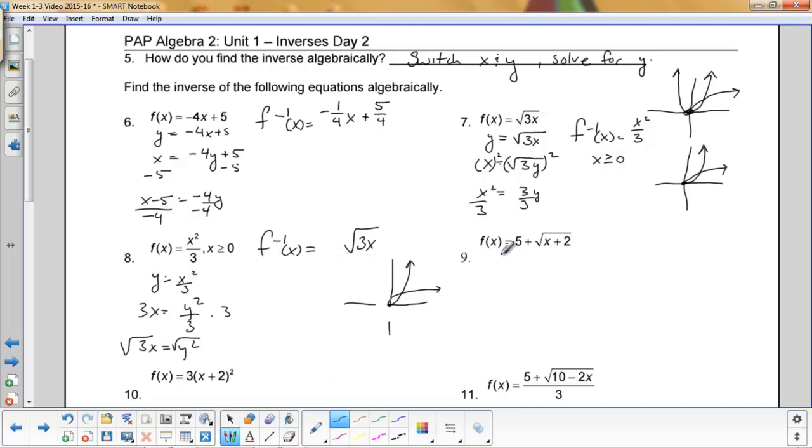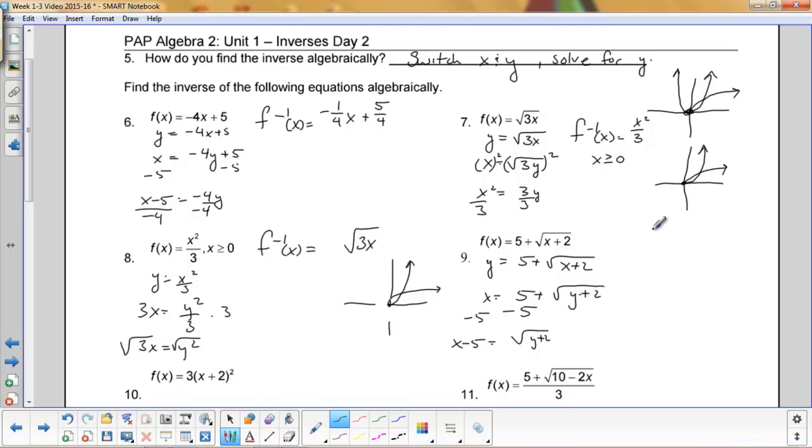All right, question number 9. Removing the 5 first by using subtraction. X minus 5 equals the square root of y plus 2.